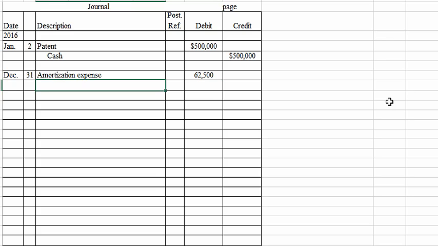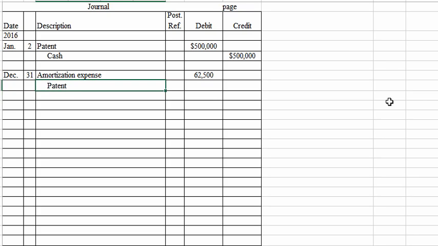Now, instead of crediting accumulated amortization, with depreciation, we'd use a contra asset, accumulated depreciation. With depletion, we'd use a contra asset, accumulated depletion. We don't do that with intangible assets. Instead, we're going to credit the asset itself. So we're going to credit patent.